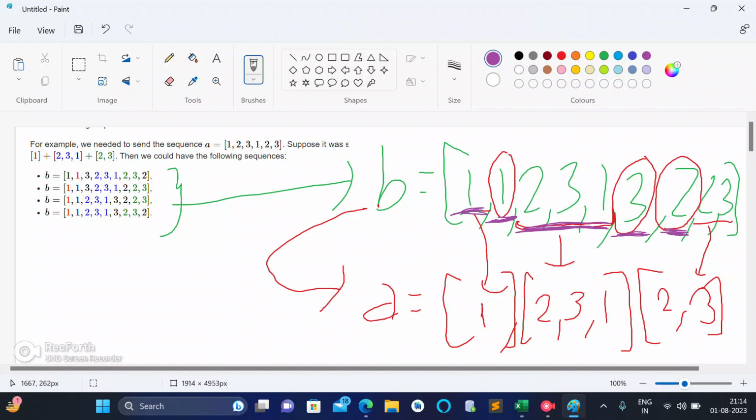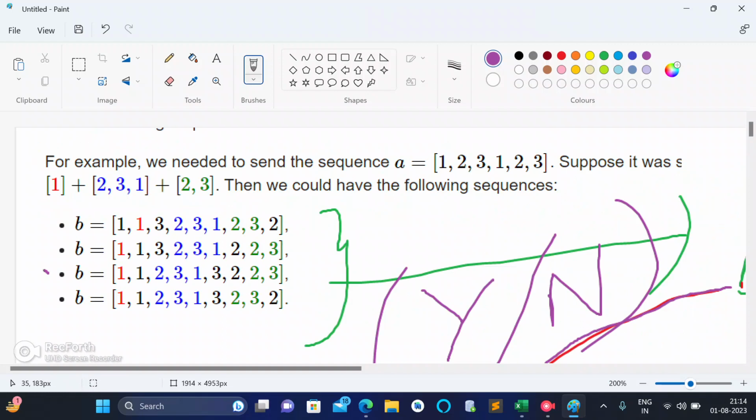Here the length 2 is present first, and after that 2 elements are present. So we have to segment array B into an array A of this form, and report the answer as yes or no.